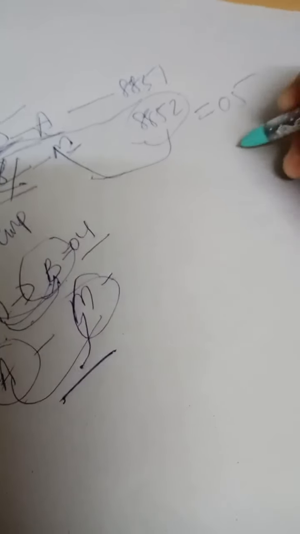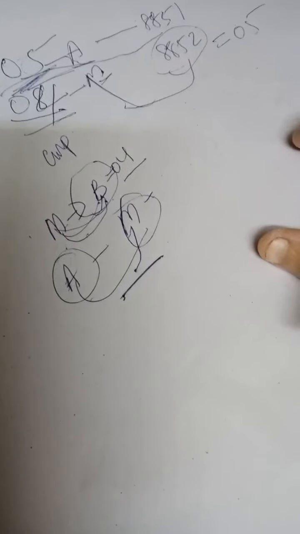What is the accumulator data now? 05. After doing this procedure, next you have to decrement H. H is pointing to 8852, now it will point to 8851.